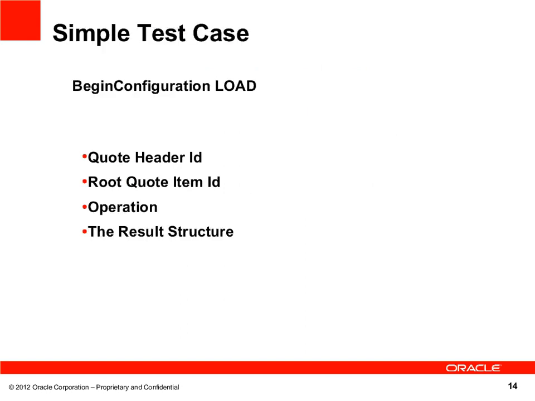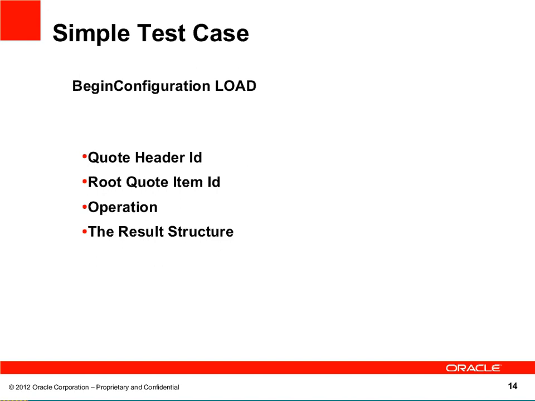Okay. Now I want to present a sample test case. First, I want to have a look at begin configuration load. The service port is begin configuration. What we want to do within configuration, the load operation, will be specified in the data.